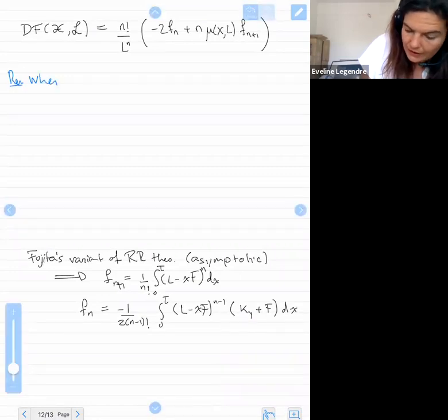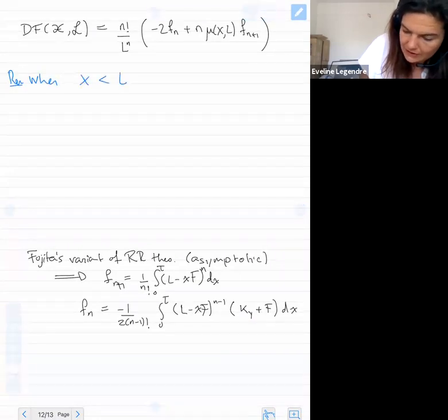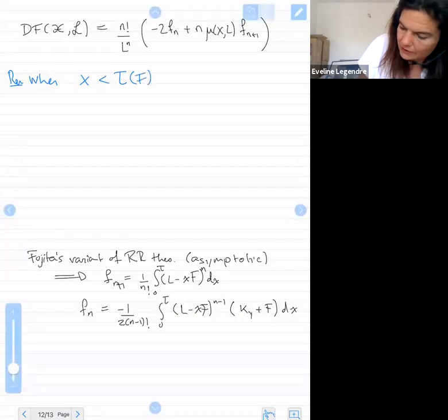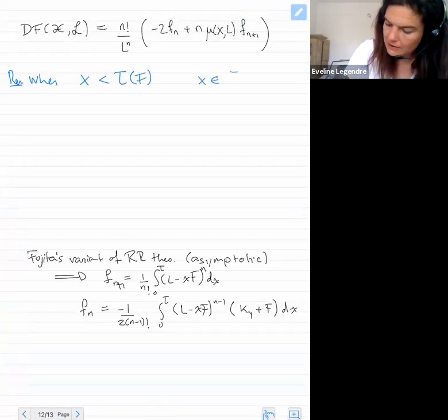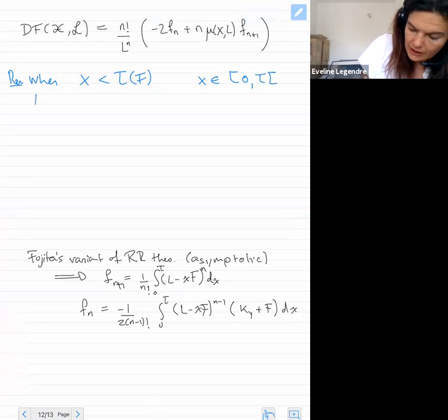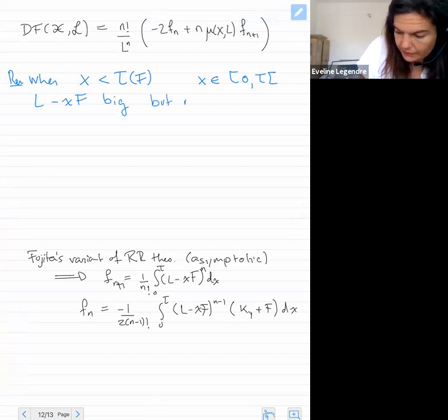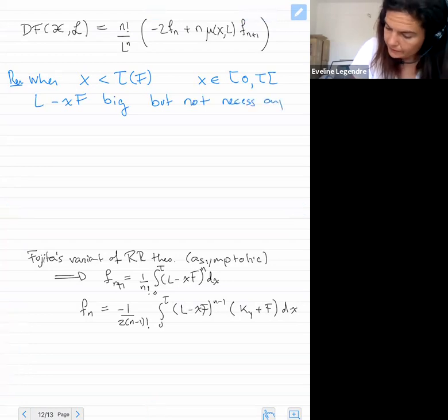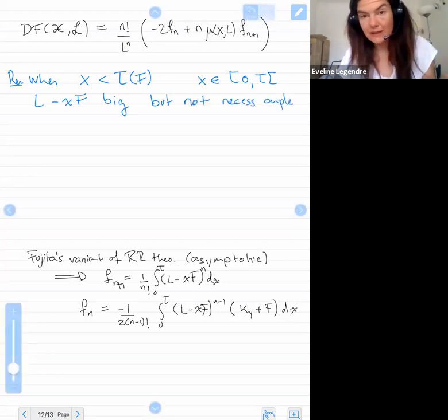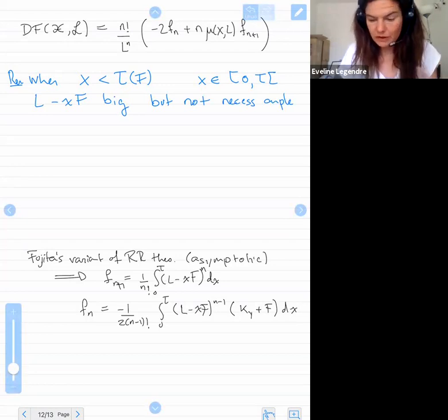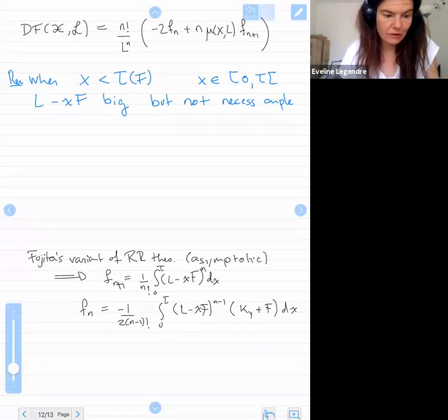When x is smaller than tau f, so x is in (0, tau), what we know is that L minus xf is big, but not necessarily ample. For example, at x equals 0, it's going to be ample, of course, if we started with an ample line bundle.